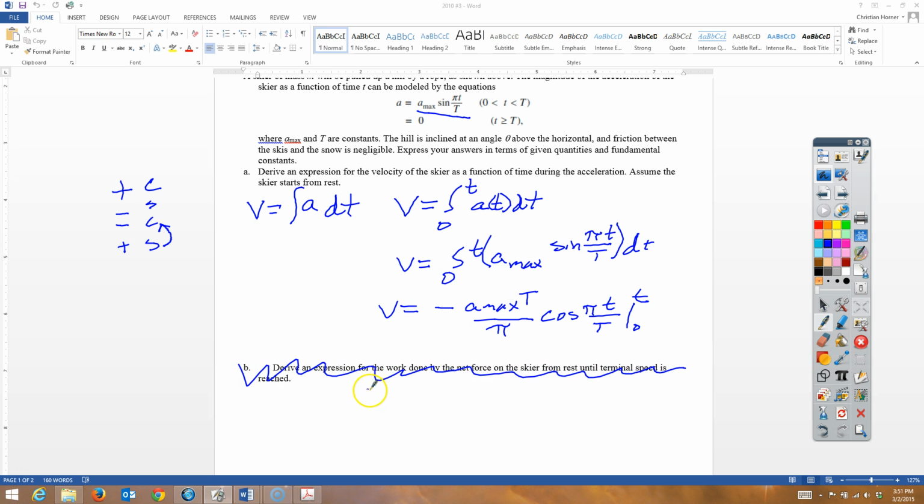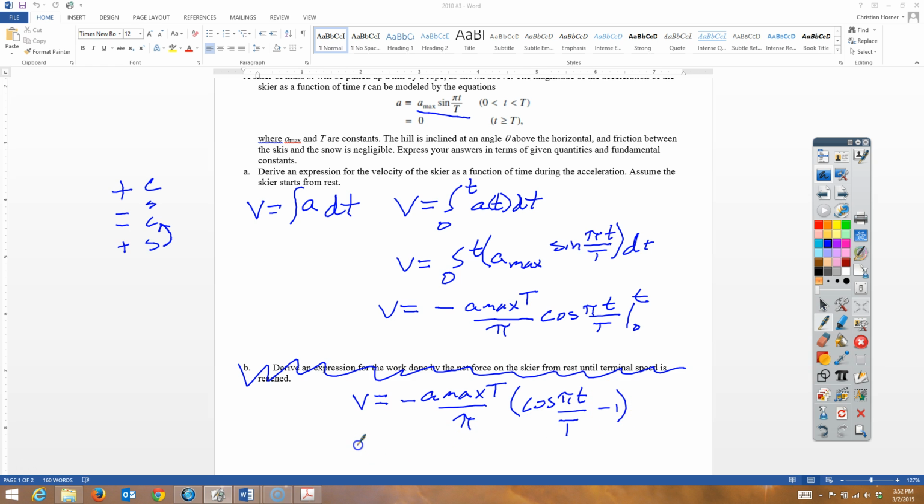If we continue with our integration, we're going to end up with v is equal to negative a max times T over pi, times cosine of pi times t over big T minus 1, because we're just looking at this t becoming 0, and cosine of 0 is 1.